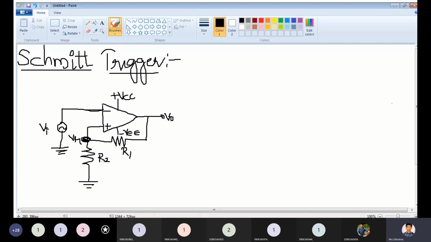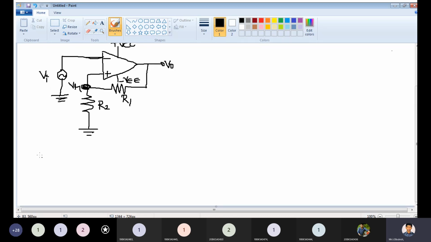Positive V reference is equal to V naught divided by R1 plus R2 into R2. I am writing here VR only, you need to write VREF.